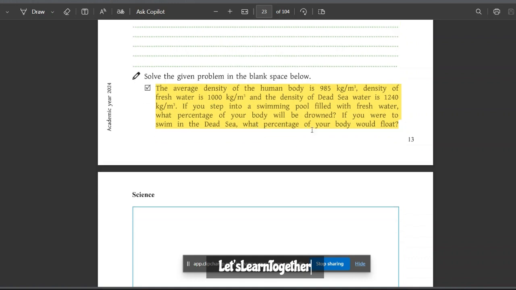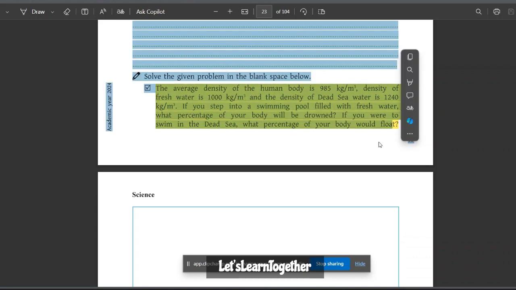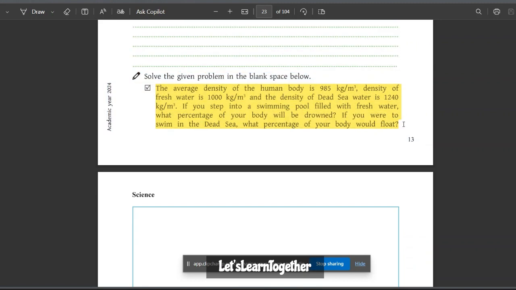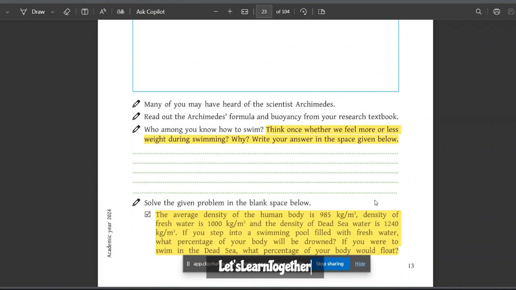But look, for dead sea water, they asked to find out what percentage of your body would float, right? Through the formula we can find out how much part would be submerged, not floated. So what we will do is subtract the submerged percentage from 100, and then the part we get is the floating part.